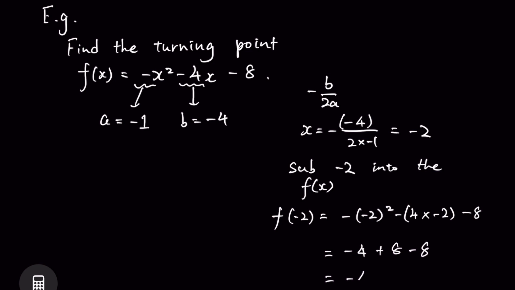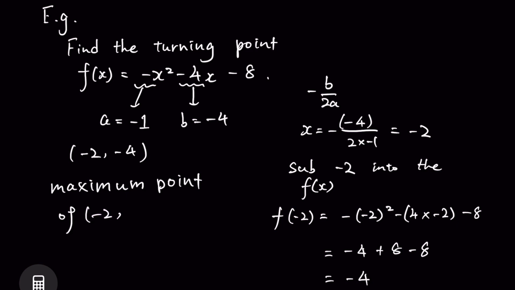So the turning point is minus 2 and minus 4. This is a maximum point because a is less than 0.